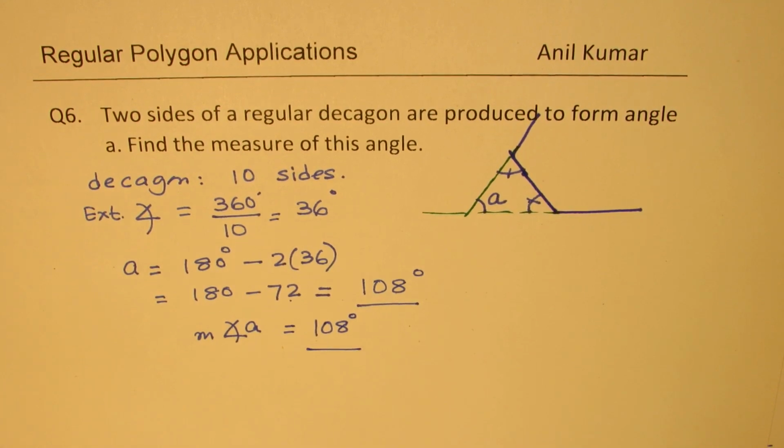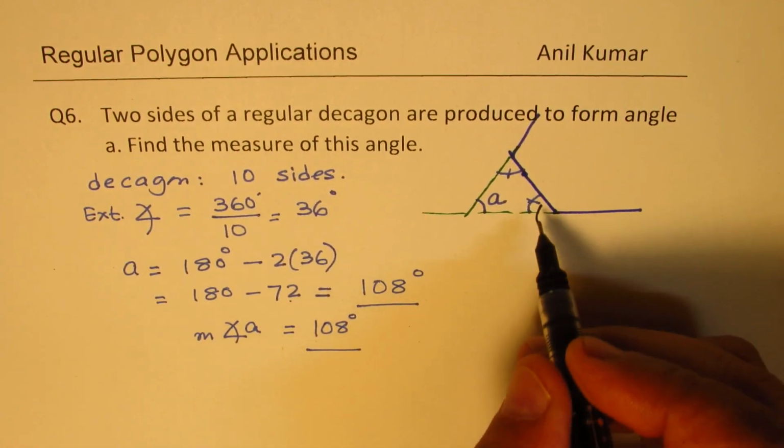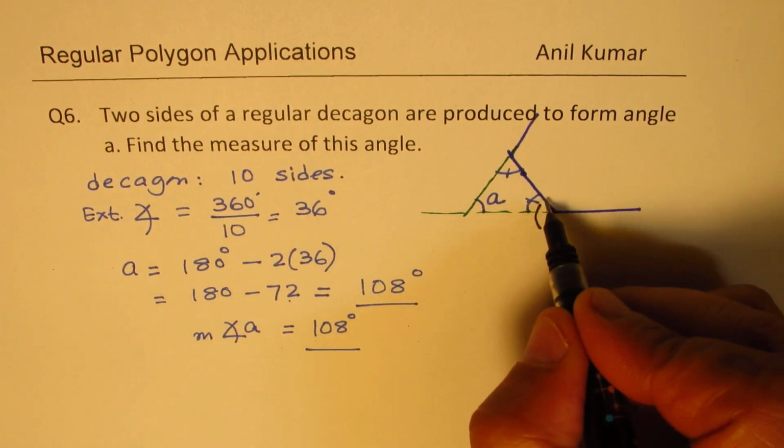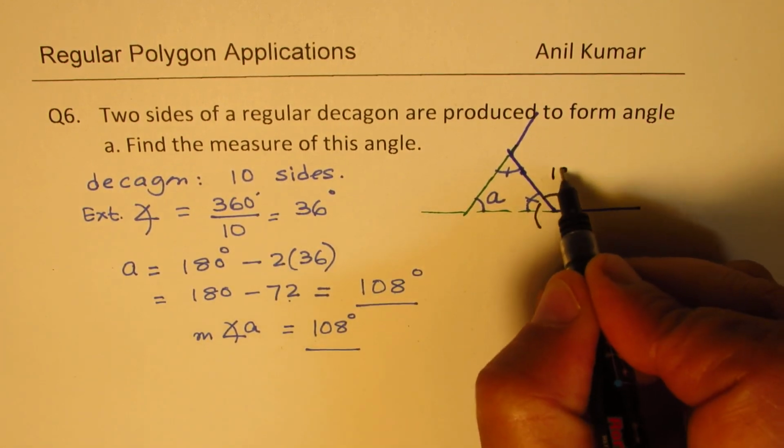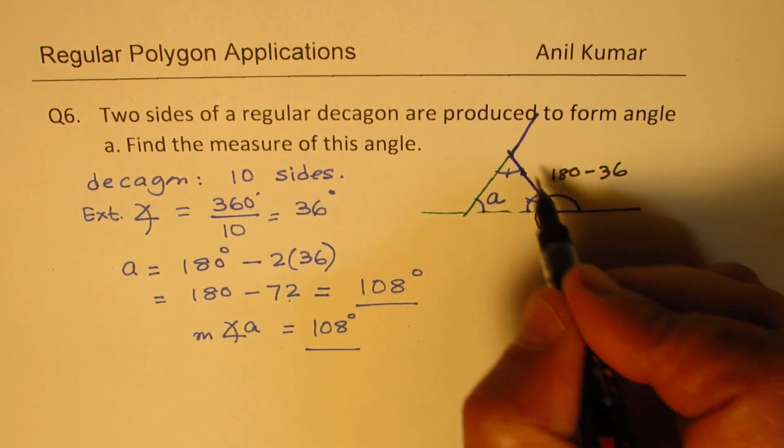Is that clear to you? So that is how, using only the exterior angles, we could easily find the solution of this question, correct? You could do it like this also. If this angle here is 36 degrees, that will be 180 minus 36, correct?